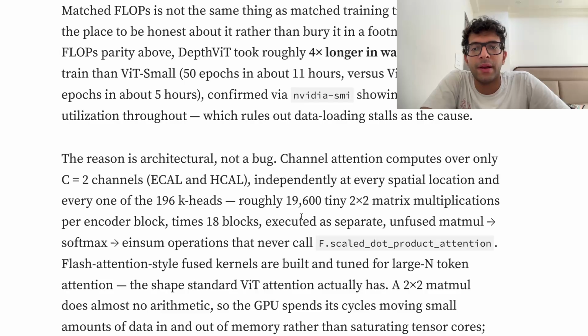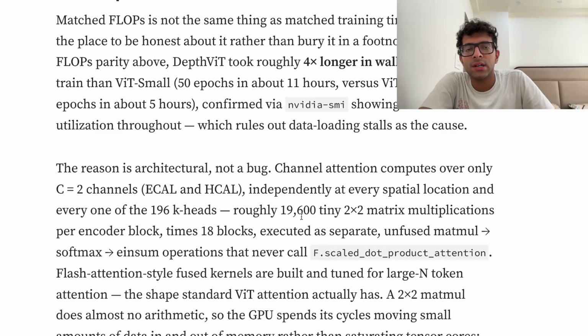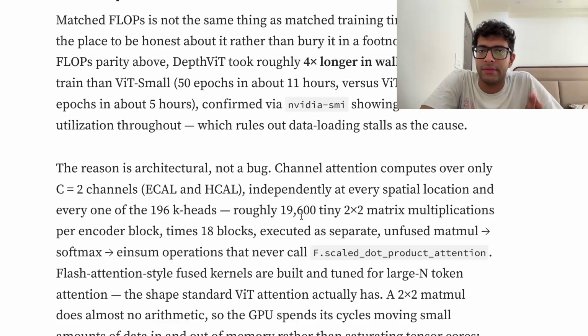We fix that by changing the kernel itself, because a normal CUDA kernel is efficient for 100 by 100 matrix calculations, right? They are efficient for large scale calculations that you only do once or twice. But in our case, we're doing 2 by 2 small matrices, and we're doing these calculations across layers.